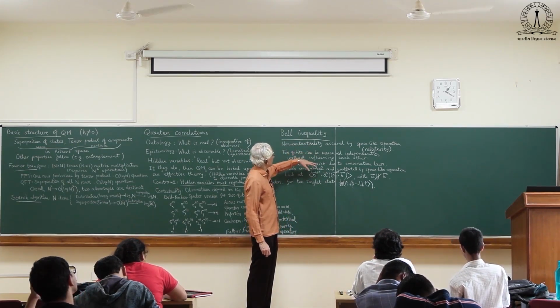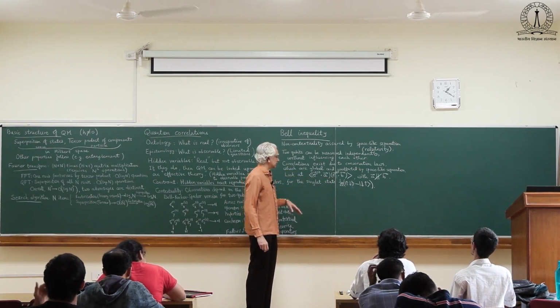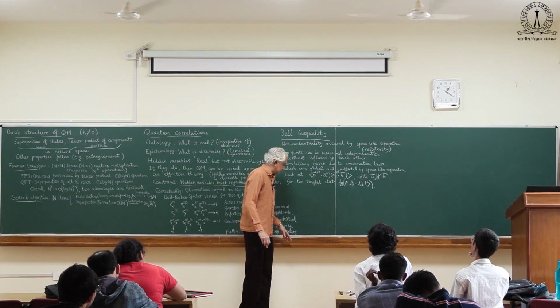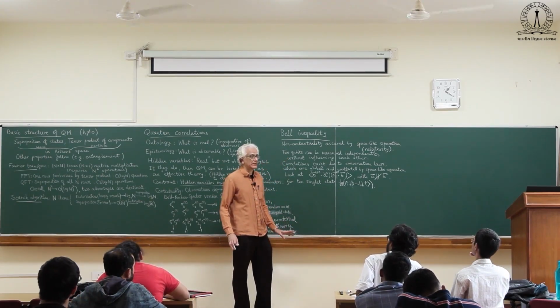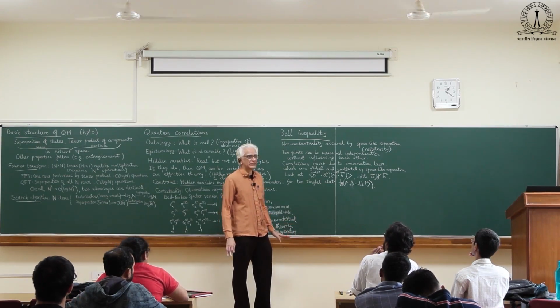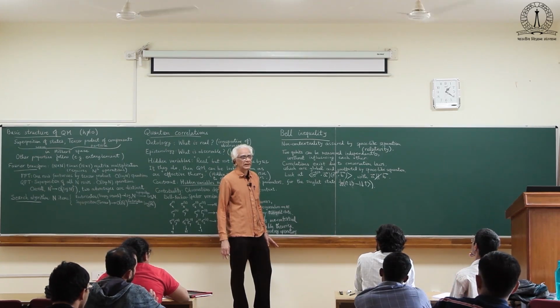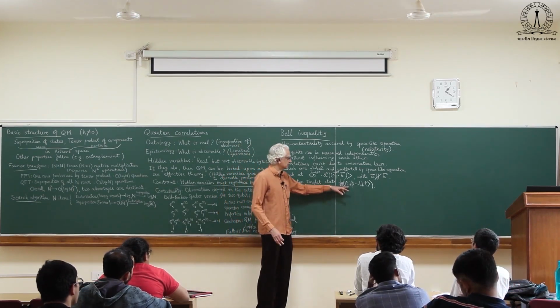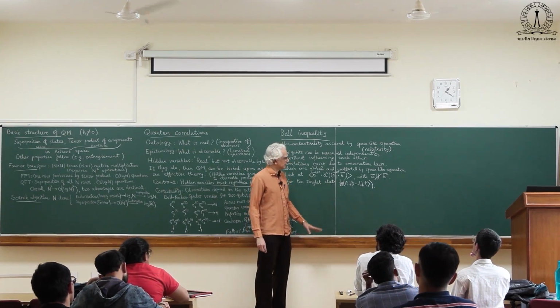The setting of measuring this kind of observables was first discussed by the paper which only goes by its acronym EPR, Einstein, Podolsky and Rosen. But that was discussed in the language of momentum and position, etc. It's too complicated.